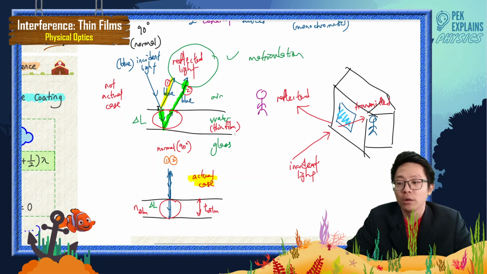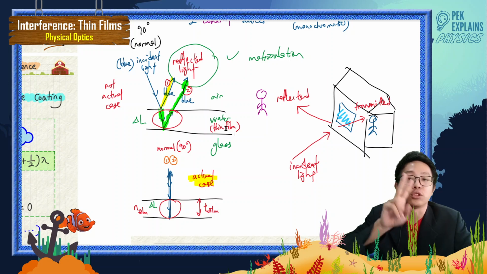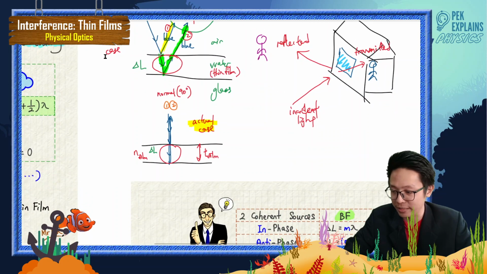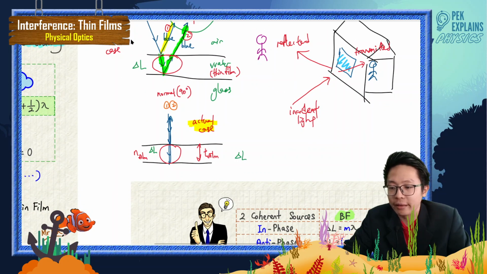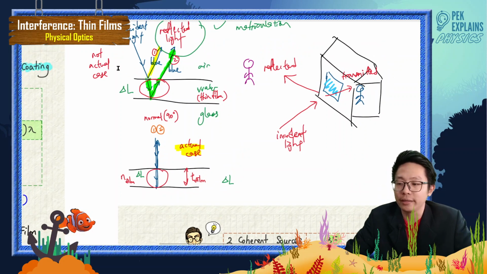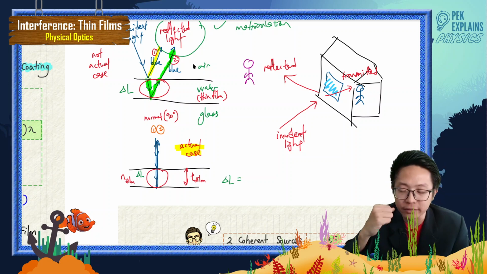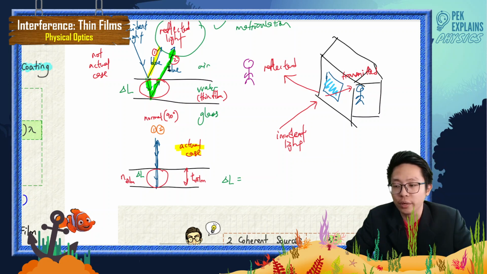So the delta L between these two waves is 2 thicknesses of the thin film.